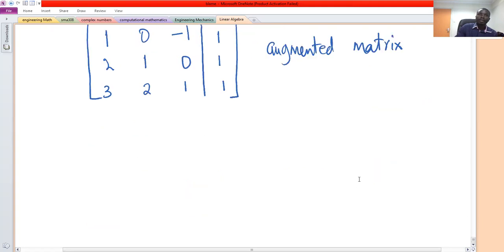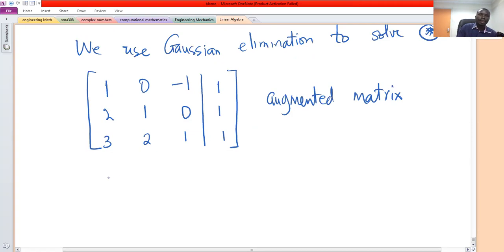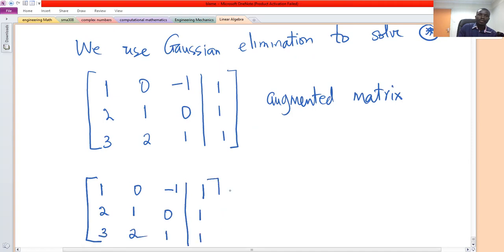Now, to solve this system, we say row 1 remains row 1, because this is a leading one.